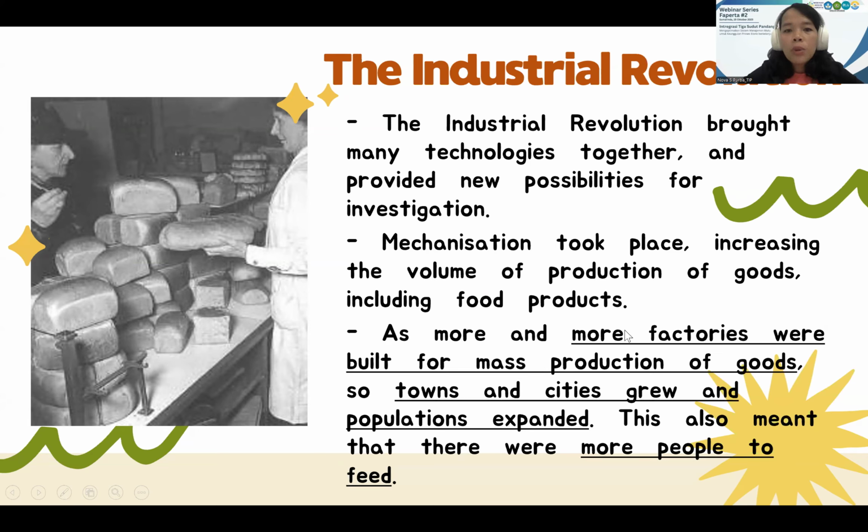More factories were built and they produced mass production of goods. So the towns and cities grew very fast and the population expanded at that time. This also meant that there were more people to feed. So they didn't keep the raw material at home and they started to process it.